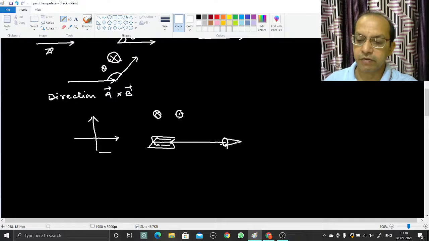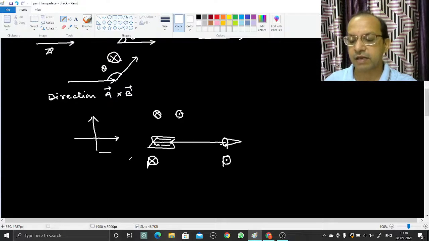If we view this from the front, it will be the dot and the circle. If we view this from the back, it will be a cross, and we can make a circle. So a circle with a cross means it is into the paper. A dot with a circle means it is out of the paper.